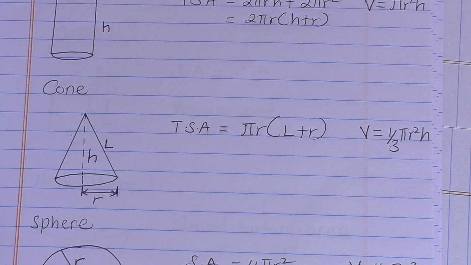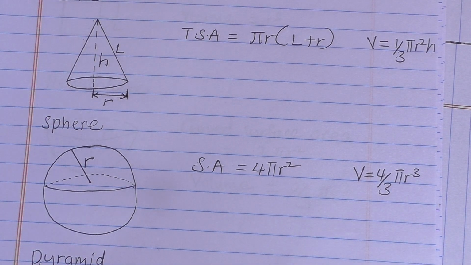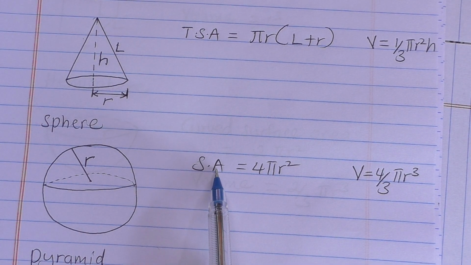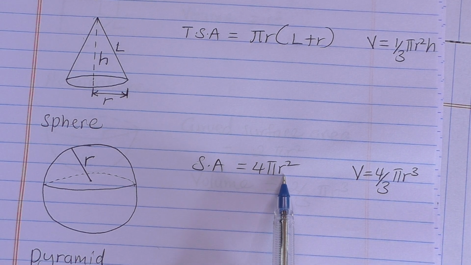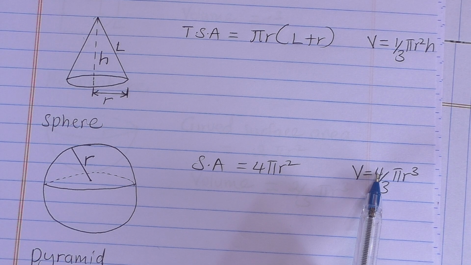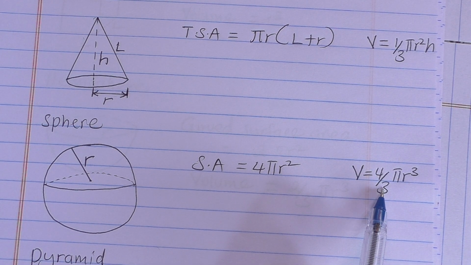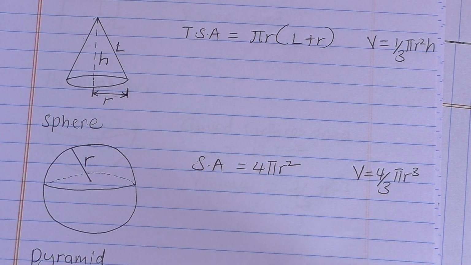That is for a cone. We come to a sphere. The surface area of a sphere is given by 4 pi r squared, and its volume is gotten by 4/3 of pi r cubed. That is for a sphere.